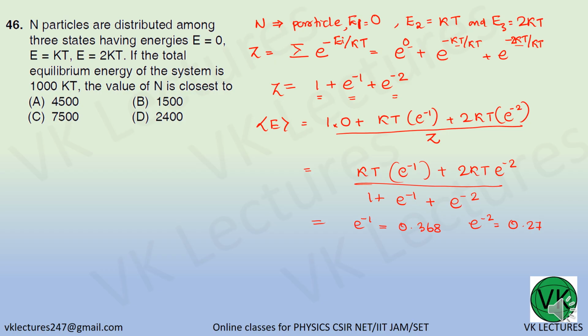Then kT into 0.368 plus 0.27 divided by 1 plus 0.368 plus 0.27. So it works out to kT times 0.424.